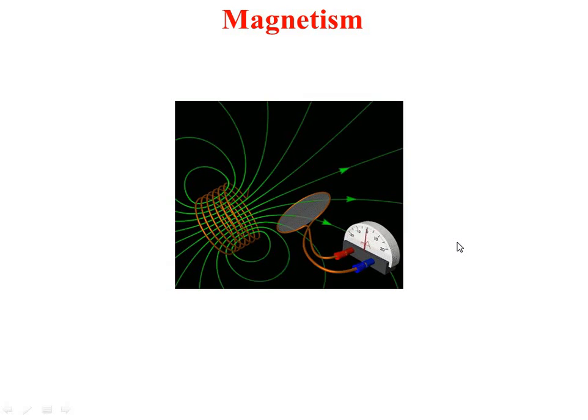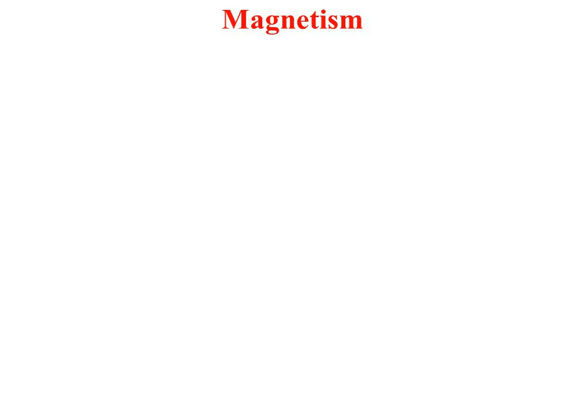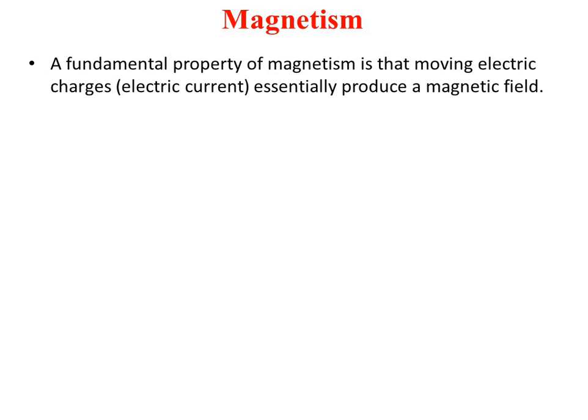So this magnetism tells you the concept of that one, and it is associated with the solenoid concept. The fundamental property of magnetism is that a moving electric charge, that is a current, essentially produces a magnetic field.